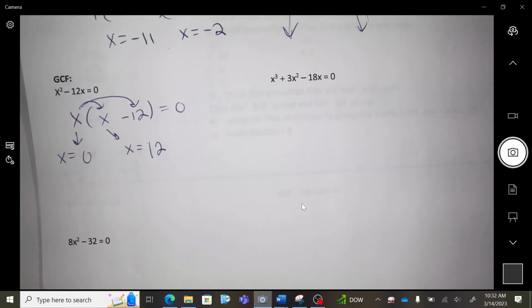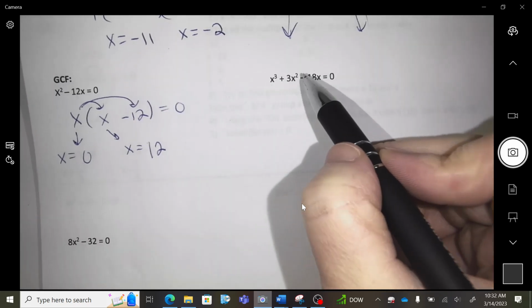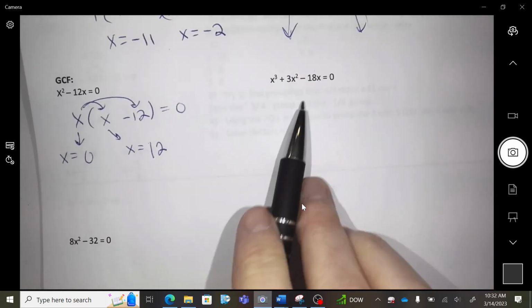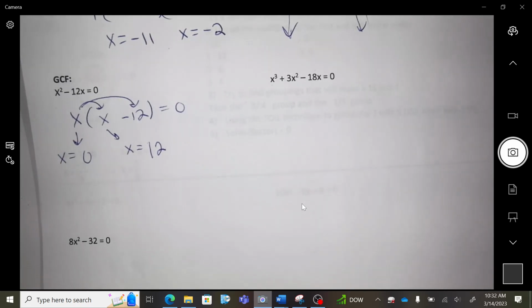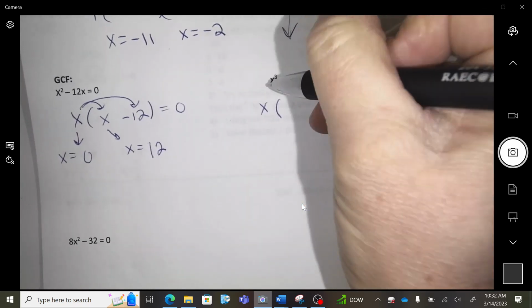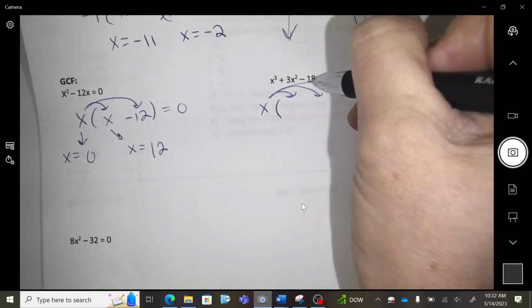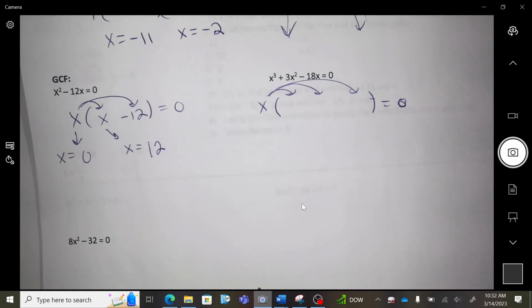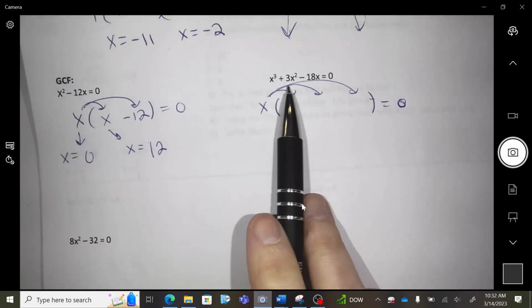Okay, number 2, there's 3 terms. This, this, and this all have a what in it? An x again. And this time there's 3 terms. So you're going to have 3 swivels.